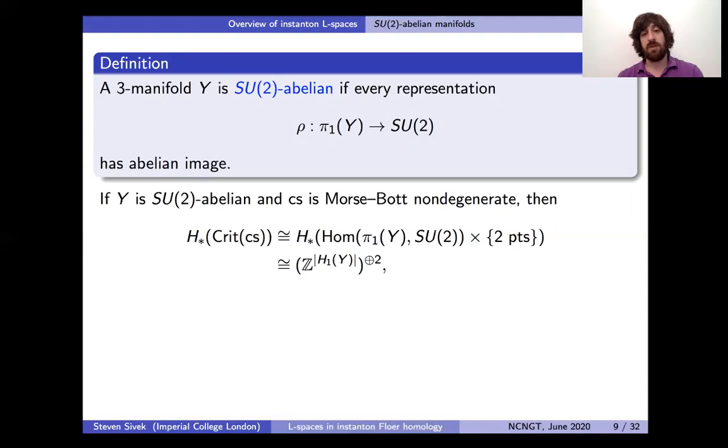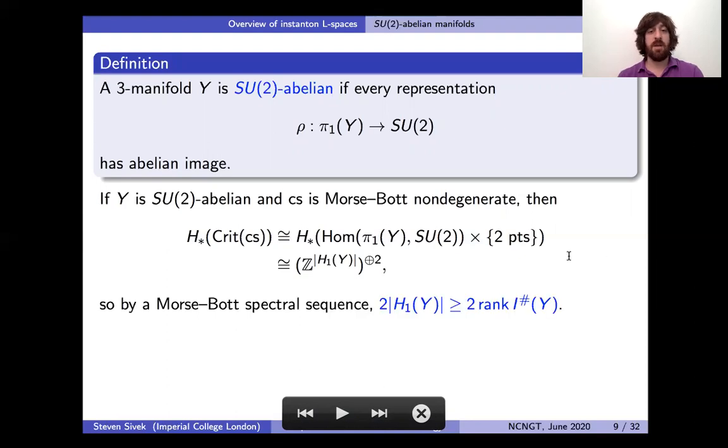Essentially all of the components of this representation variety are points and 2-spheres, and you just have to count how many of each there are. And then again, we get 2 copies of that because there were 2 points. So if the Chern-Simons functional was Morse-Bott, then there's a Morse-Bott spectral sequence saying that if we just look at the ranks of the E2 and E infinity pages, we get twice the order of H1 of Y is at least as big as, well, the instanton homology, which remember was twice the rank of I sharp of Y because of that involution.